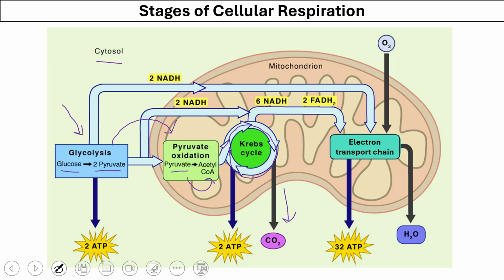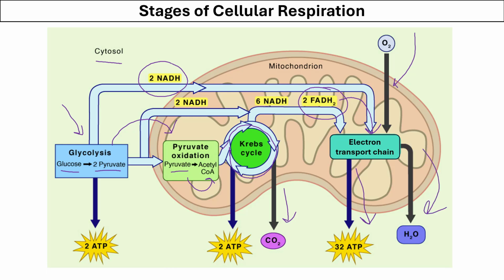Through all these steps, the cell accumulates NADH and FADH2. These are the electron carriers, which then carry electrons to the electron transport chain. This electron transport chain leads to the formation of a large amount of ATP molecules and uses oxygen to produce water. Now we'll be studying these steps in more detail.